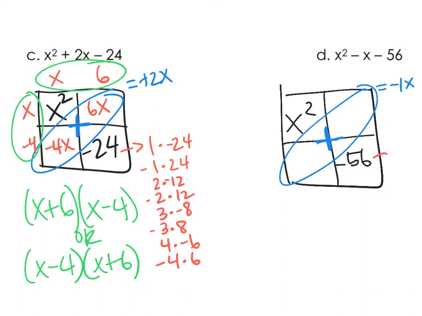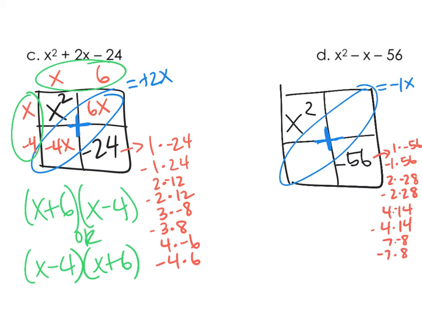Alrighty, so our multiples of 56 or -56 could be 1 times -56, -1 times +56, 2 times -28, or the other way around. We could also have 4 and -14, or -4 and 14. We could have 7 times -8, or -7 times +8.